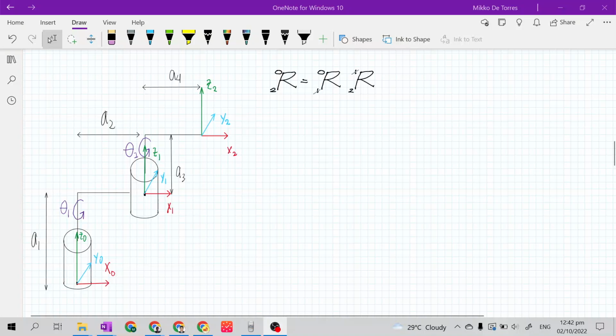Good day, class. Now we will derive the rotation matrix R01 from our previous topic, which is the rotation or orientation matrix.